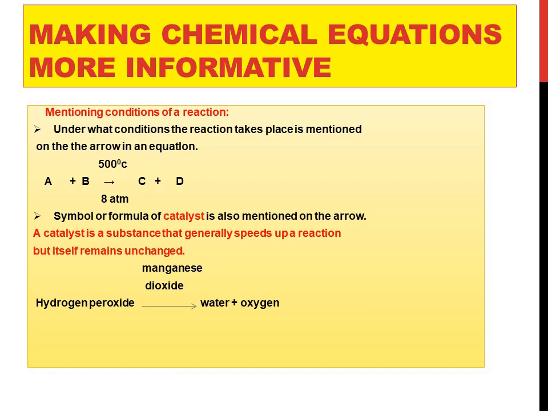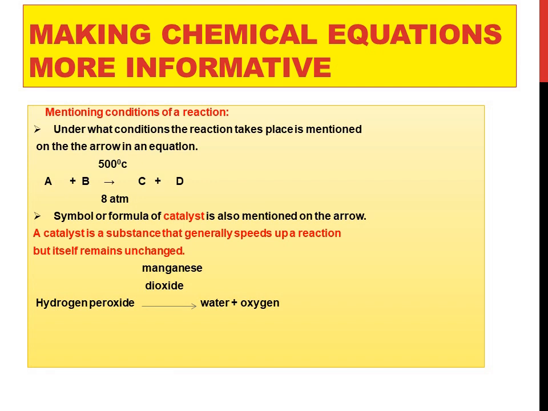First is mentioning the conditions of a reaction. What do we mean by that? Under what condition the reaction takes place is mentioned on the arrow in a chemical equation. Is that clear?